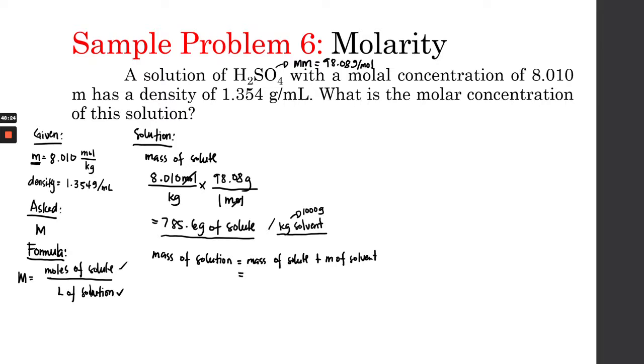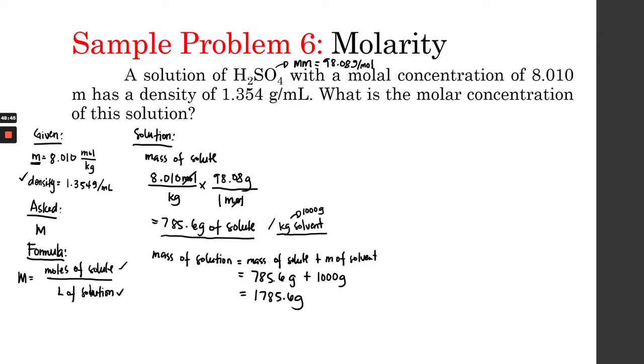The mass of solute is 785.6 grams plus the kilogram of solvent, which is equal to 1000 grams. That would give us 1785.6 grams of solution.